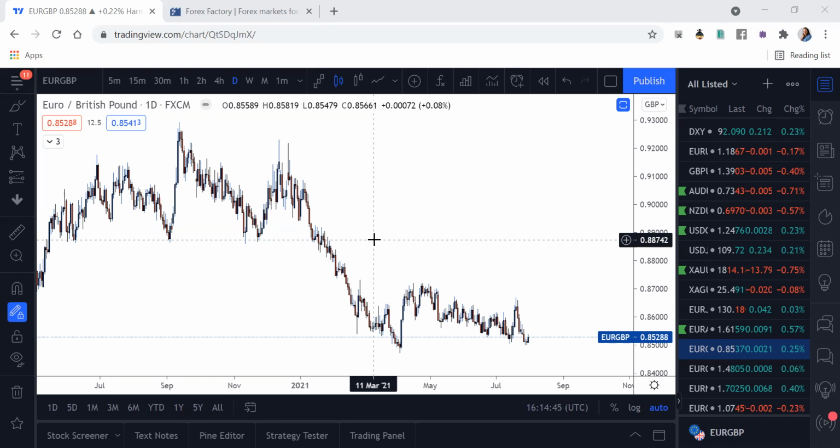So the first thing you do, I look from the daily and I come down. I don't start from the monthly or the weekly. I could, but I choose the daily, because I don't swing trade as such, and I am not a position trader.